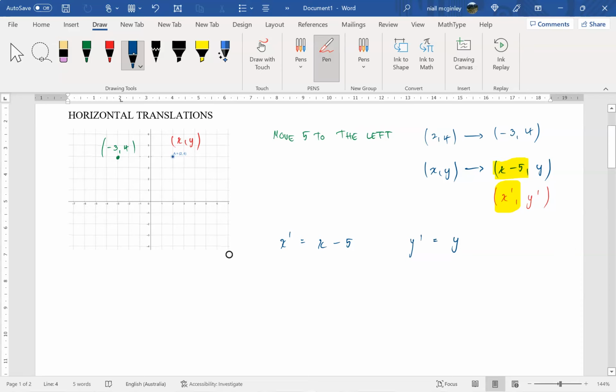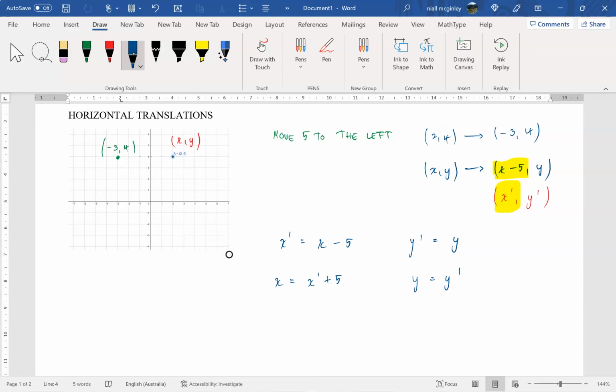Now if I rearrange this into the original x value, x is going to equal x' + 5, and y is just going to equal y'. And we're going to use these to calculate what a point is.